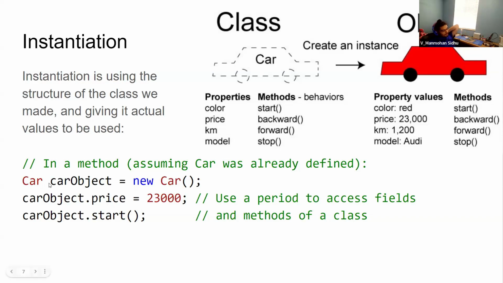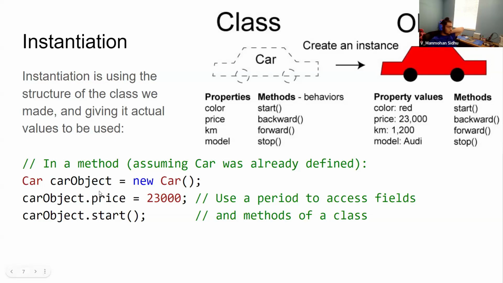Then once you've created a new instance, you can access certain fields and certain methods using a dot. Note, you can only access public methods this way. You can't access private methods from outside the class.